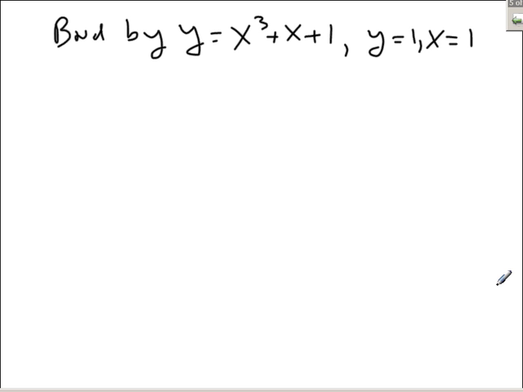And you want to revolve about the line x equals 2.